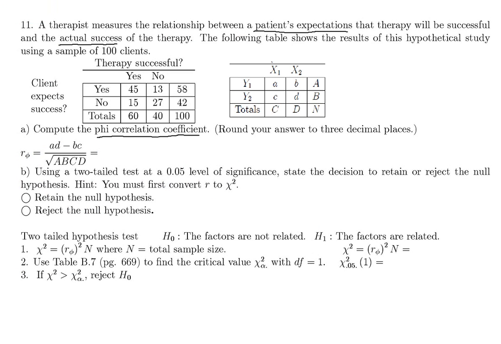We can see that the lowercase a, b, c, and d are these numbers here. For AD minus BC, you take the cross products and subtract them. So this is 45 times 27 on the top of the fraction, minus this product here, which is 13 times 15.